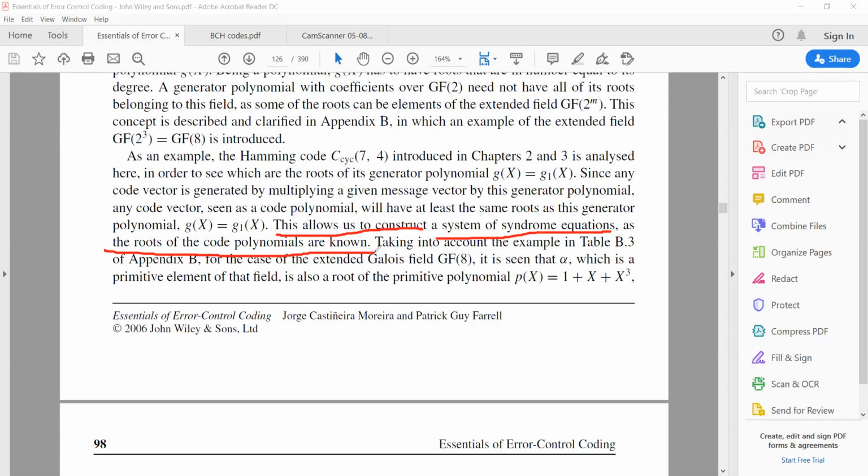As we know the roots of the generated code polynomials, we can compare the roots of the received code polynomial with our known roots of the generator polynomial. In this way we can detect or correct how many errors are present in the received polynomial.